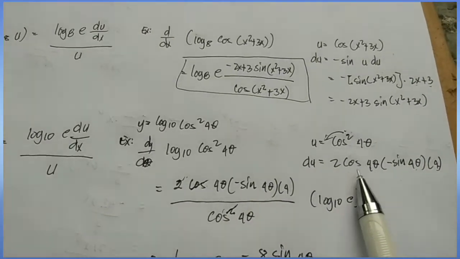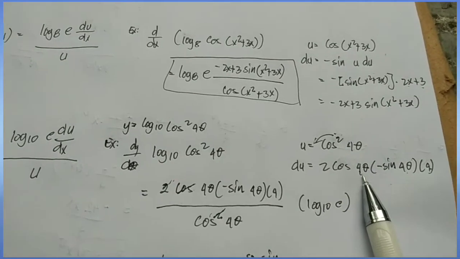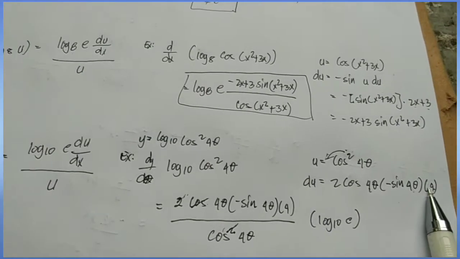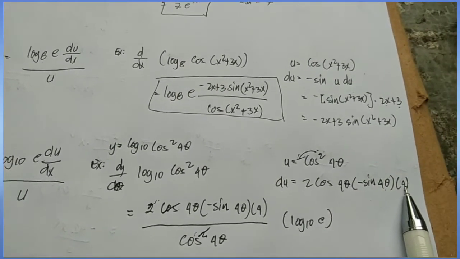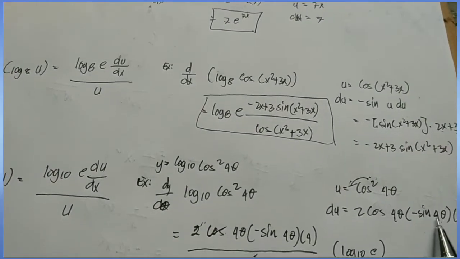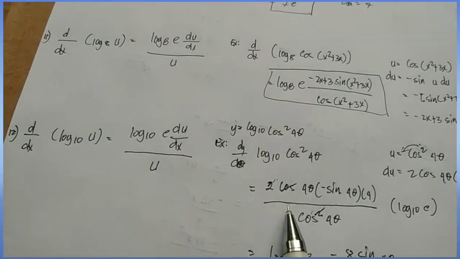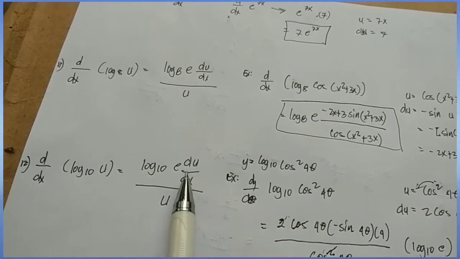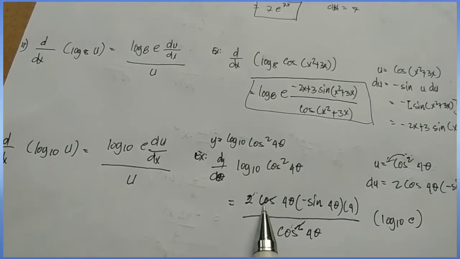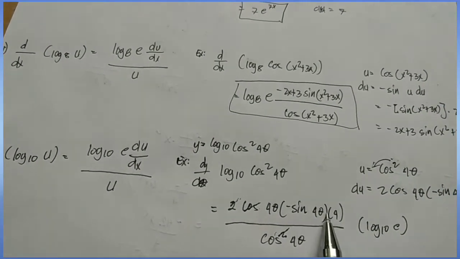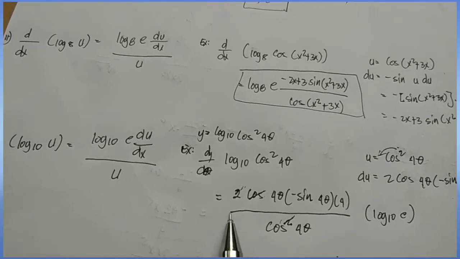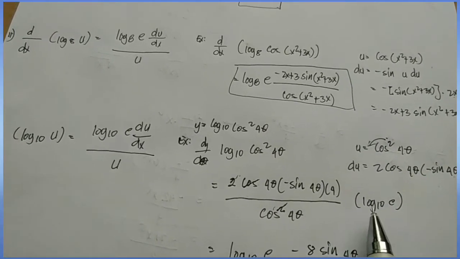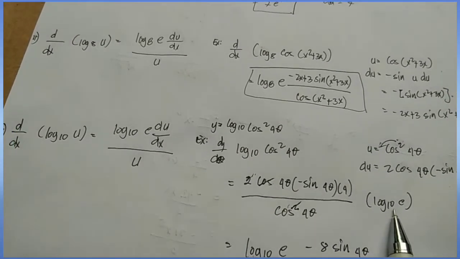So the derivative is 2 cosine 4 theta times minus sine 4 theta times the derivative of your inner function, which is 4. So use the formula: 2 cos 4 theta minus sine 4 theta times 4, all over your u. So your u is cos 2 4 theta, times the log 10 e.